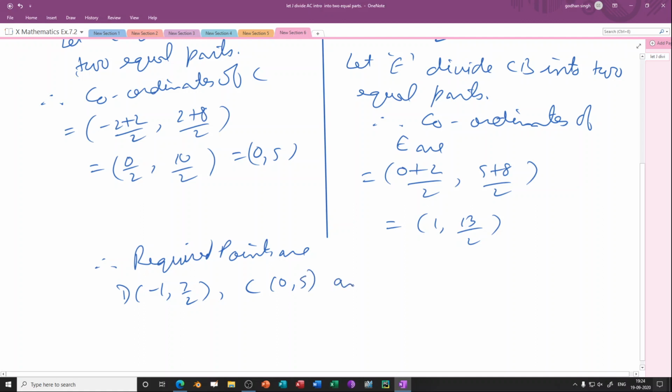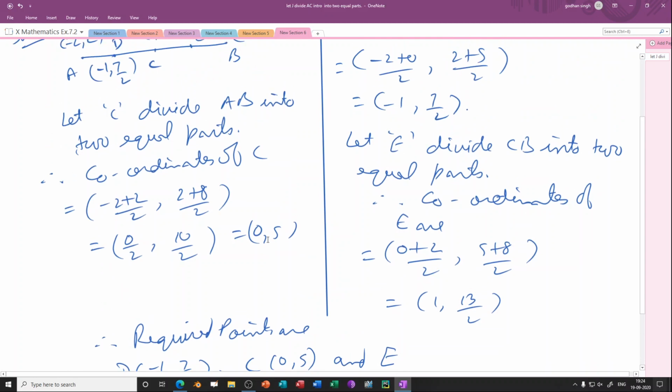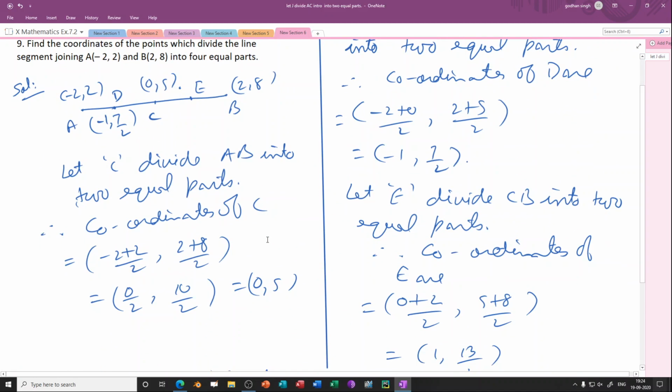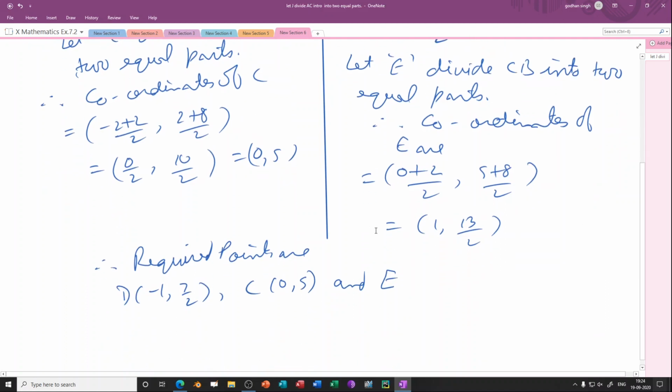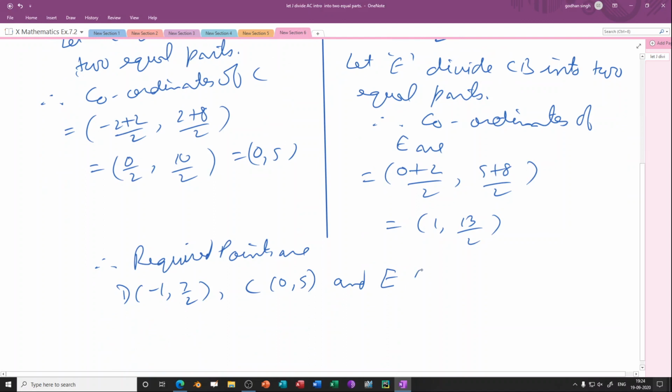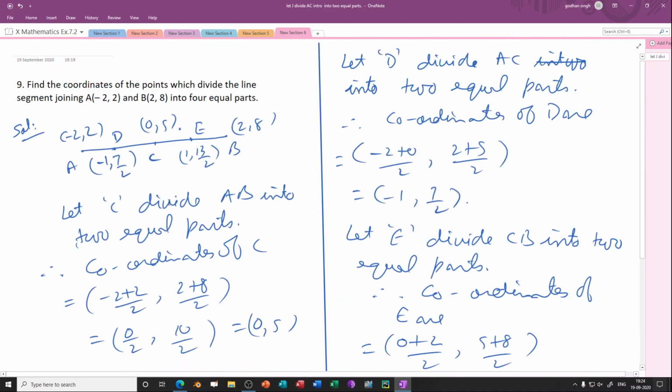And we have the point E. These 3 points will divide AB into 4 equal parts. The coordinates of point E are 1, 13 by 2. So this is the solution of question number 9.